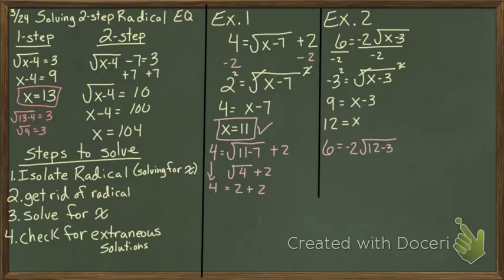So I've got 12 minus 3, which is going to be 9. The square root of 9 is 3. Negative 2 times 3 is negative 6, which does not equal positive 6. So 12 would not work.